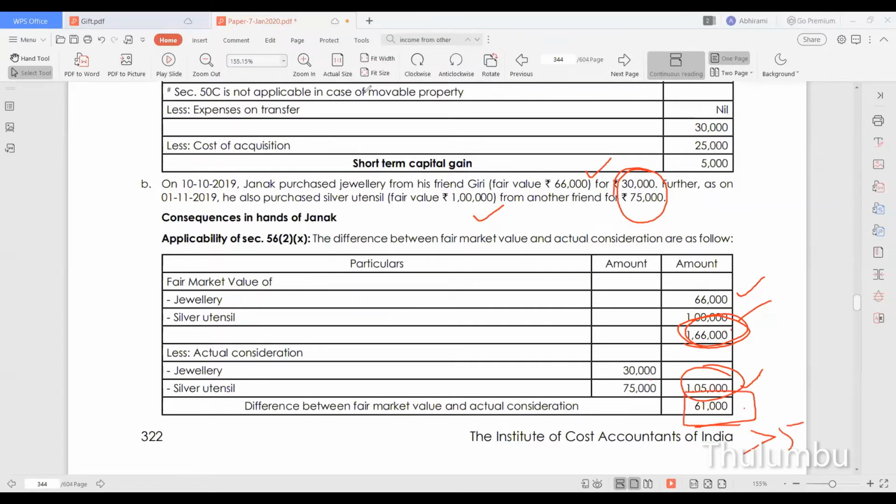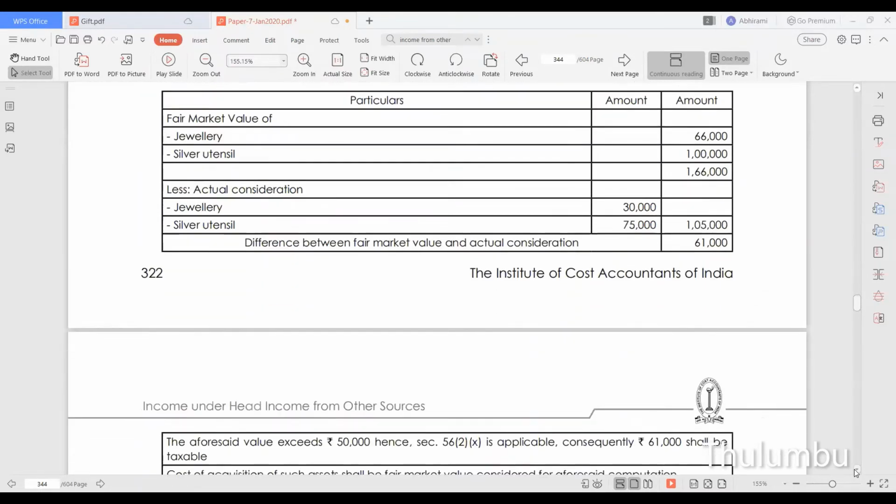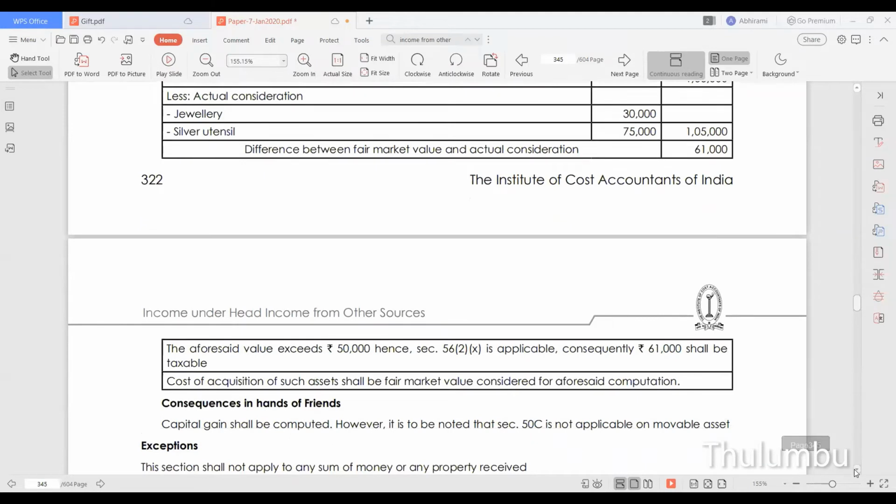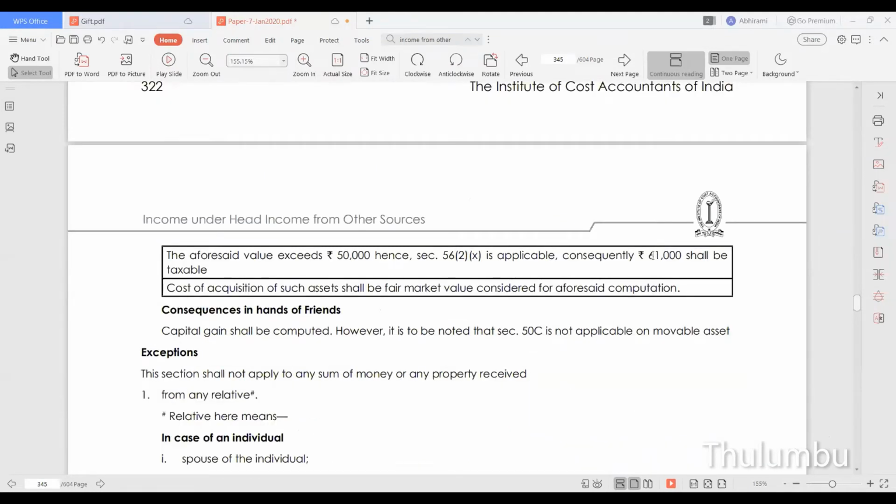Is it greater than 50,000? Obviously, yes. So it is greater than 50,000, hence 61,000 shall be taxable. Only the difference amount will be taxed.